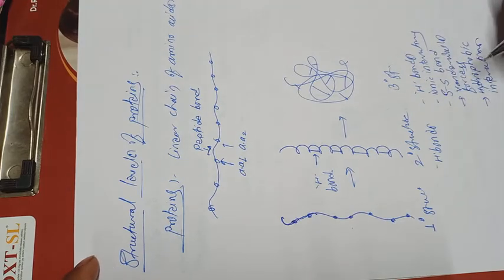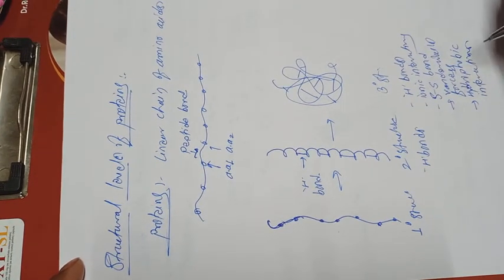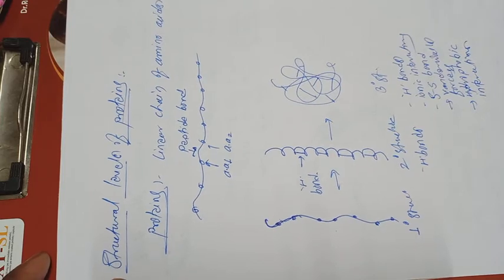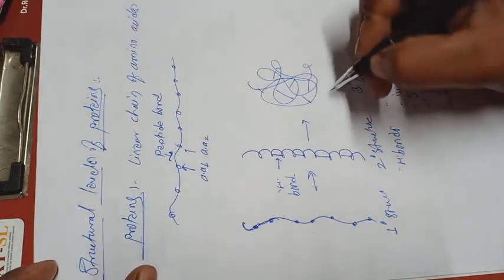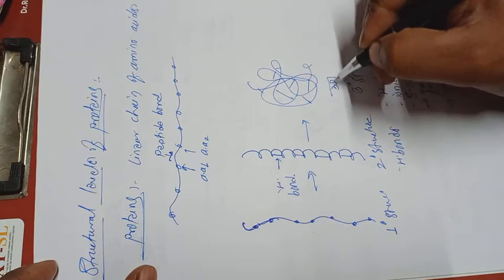All these types of bonds are present in a specific structure, and the chain is folded in a compact, three-dimensional manner.